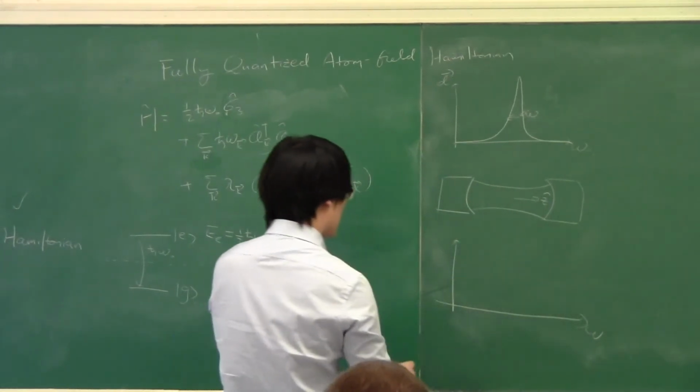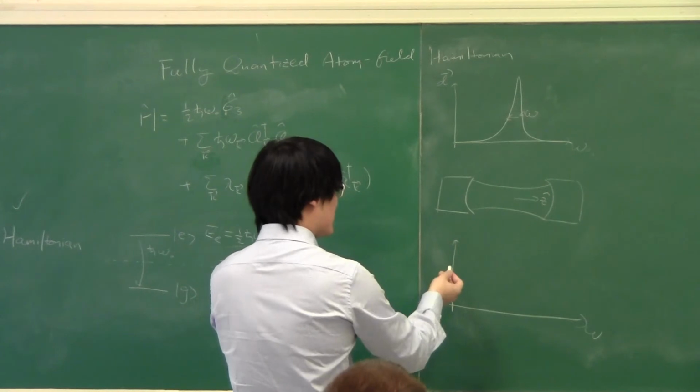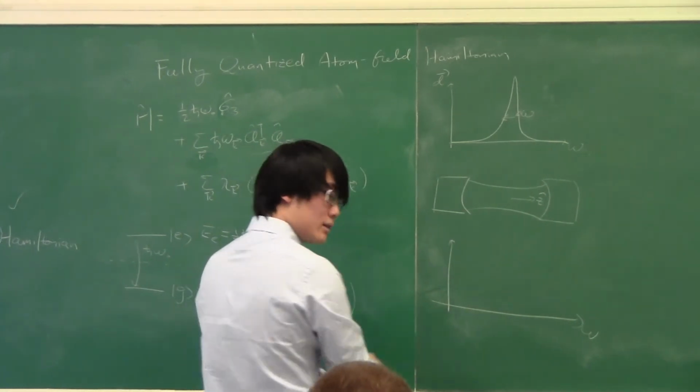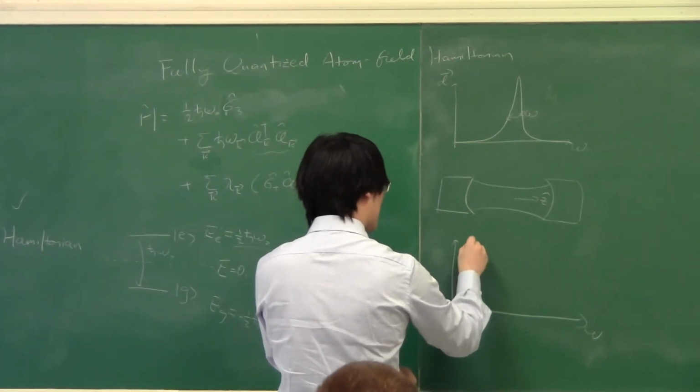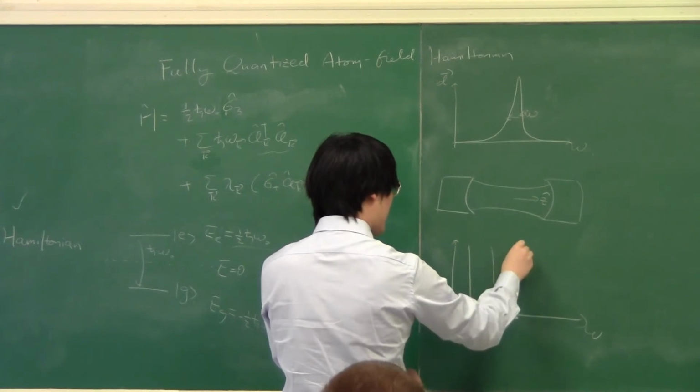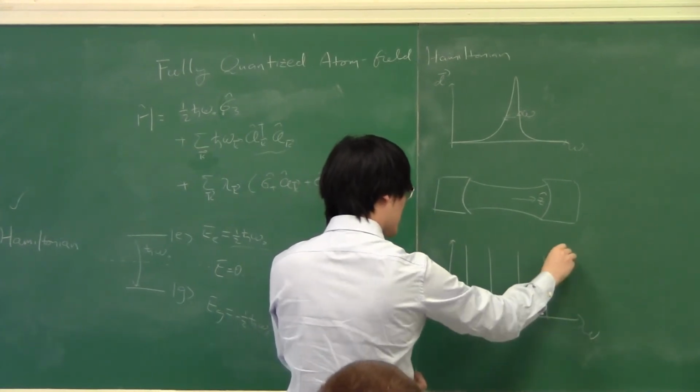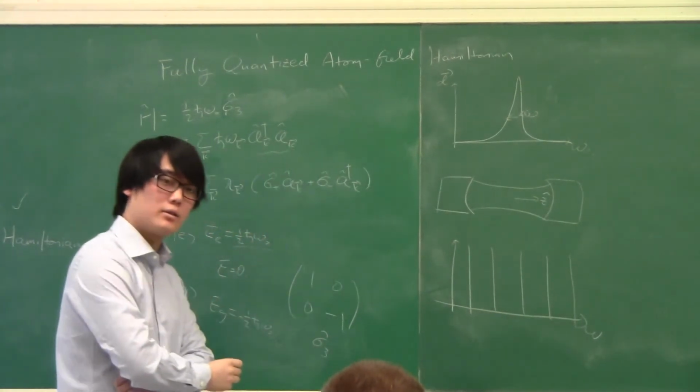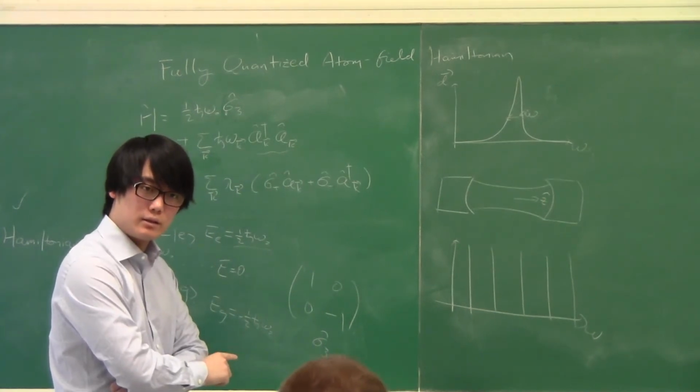Depending on the quality factor of the cavity, the modes are like this. They're roughly equally spaced. And what's their spacing?